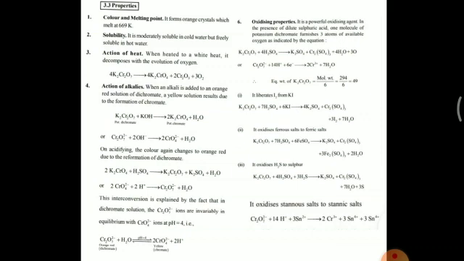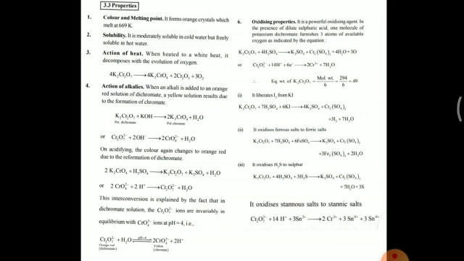This yellow colored potassium chromate, on treating with acid, again gives orange red colored potassium dichromate. That means potassium dichromate and potassium chromate are interconvertible by changing the pH.